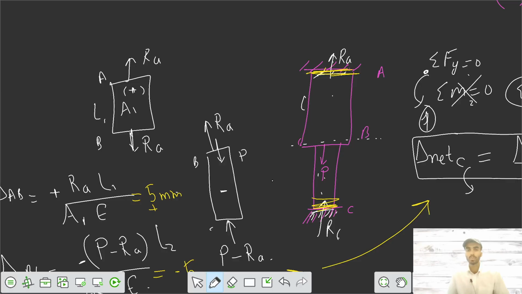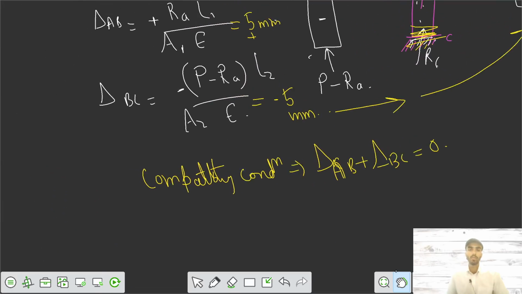It can't go upwards, let's say it goes downwards by this delta AB, but C can't go anywhere, and since BC has been shortened by this minus something, it has to be equal to minus delta AB, the same amount. If AB elongates by 5 mm, BC has to shorten by minus this delta AB, 5 mm or whatever it is.